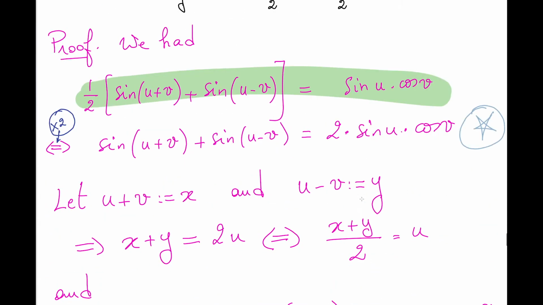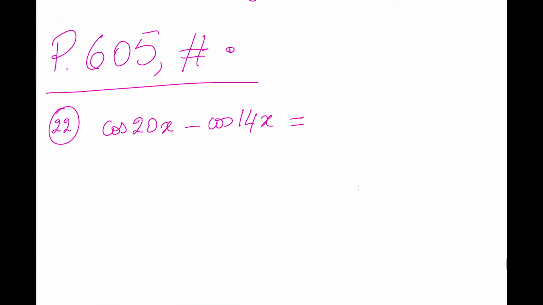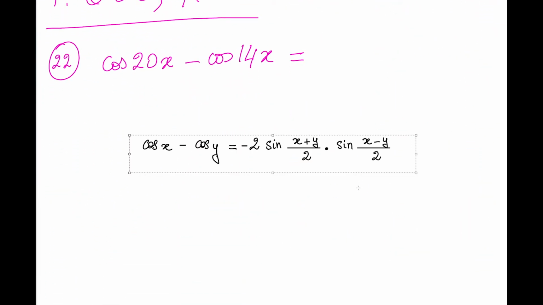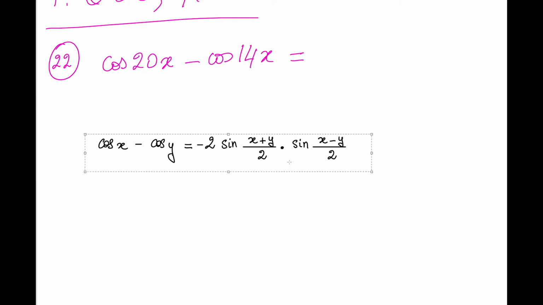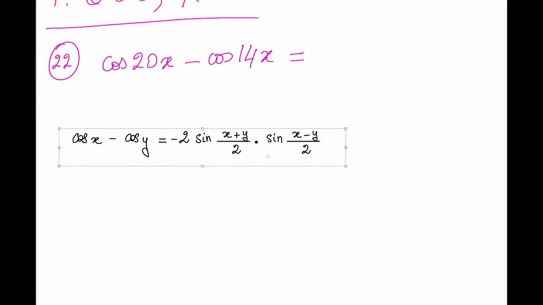Okay, so as usual, let's copy it and take it with us to this problem. I'm going to use this formula, and I'm going to use it with what? What's the choice of x in this identity?